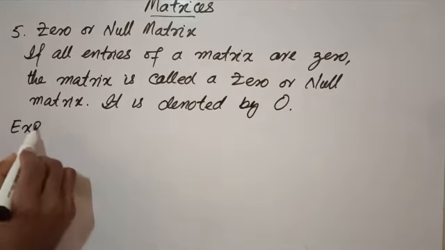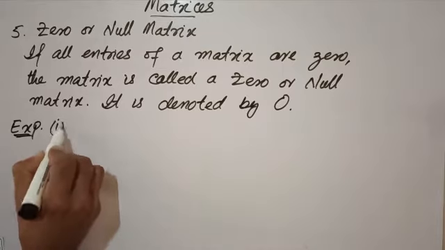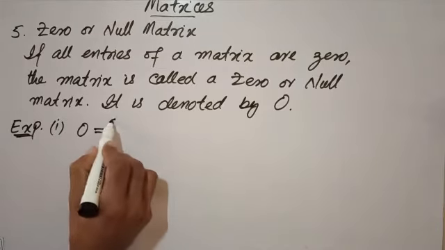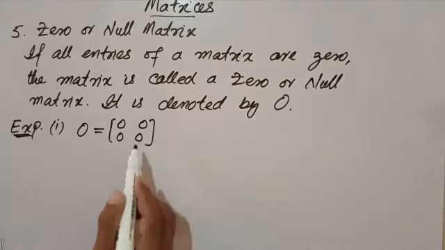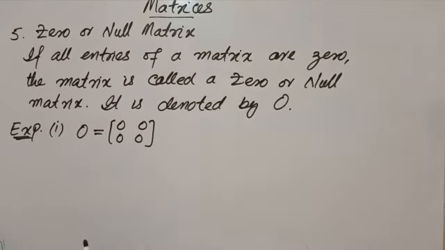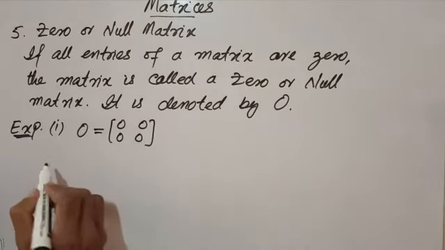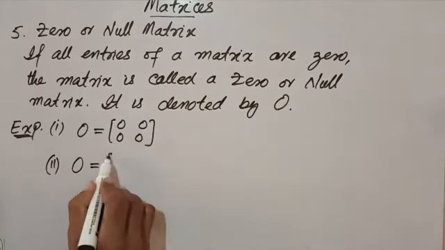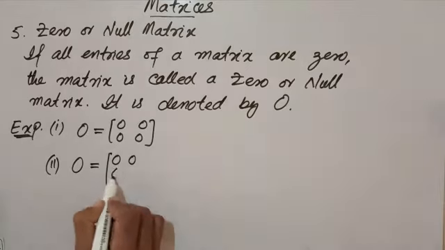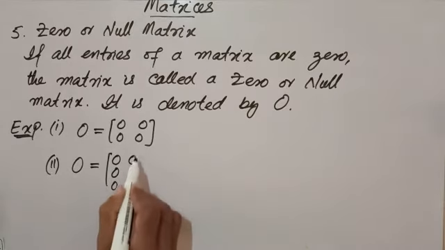For example, O is equal to 0, 0, 0, 0. This is a square matrix of order 2. We can also have a zero matrix like 0, 0, 0, 0 and 0, 0.